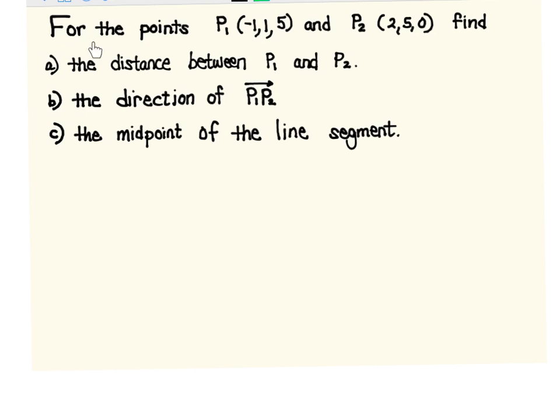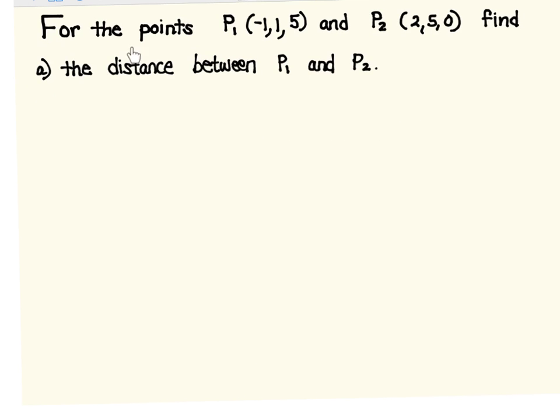So here we're going to find the distance between P1 and P2 given points P1 and P2, the direction of the vector, and the midpoint of the line segment formed by that directional vector. Let's start with finding the distance between point 1 and point 2.